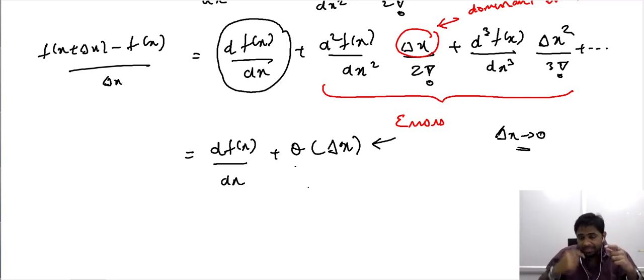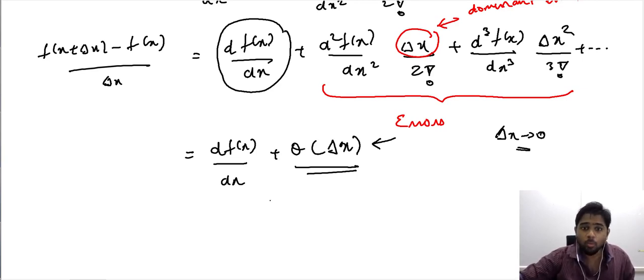Rather, we are considering a single function f of x, and we are using two different delta x's, and depending on the value of delta x, the errors will be scaled. So qualitatively we can state that for forward difference, the error associated with the approximation is in the order of delta x.